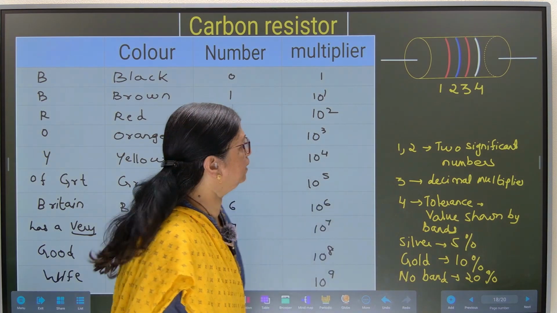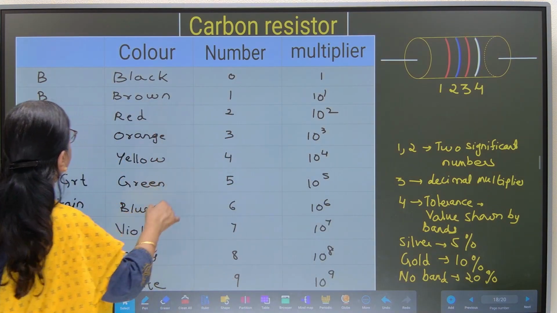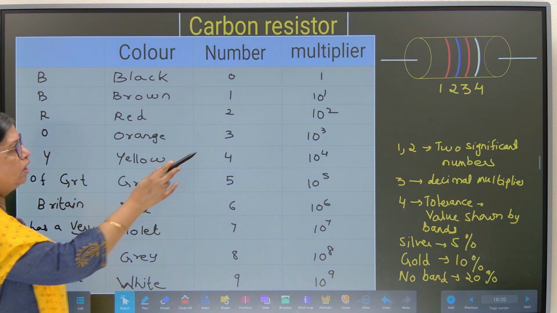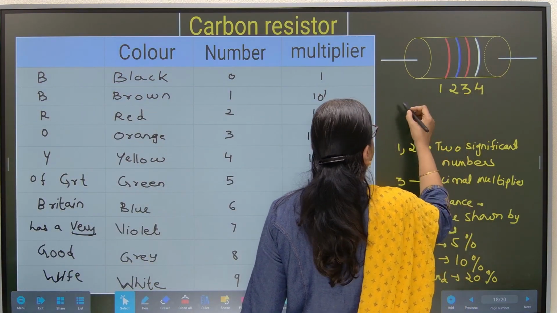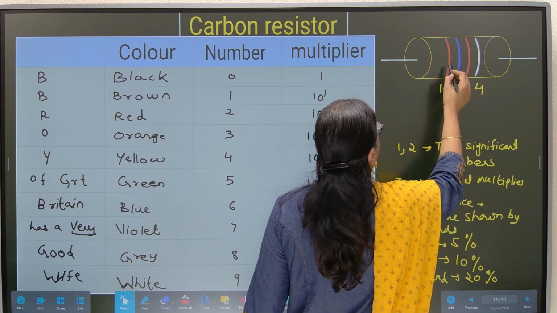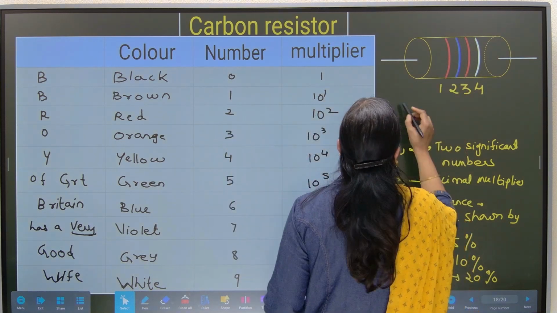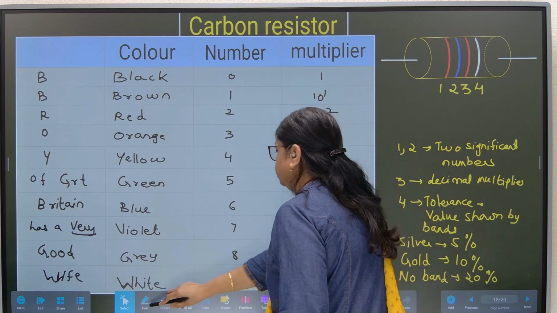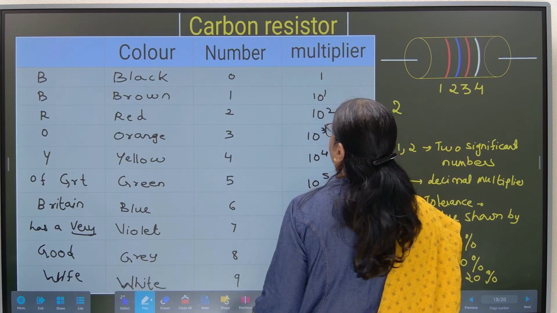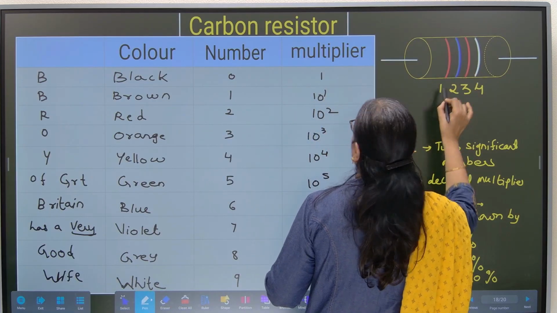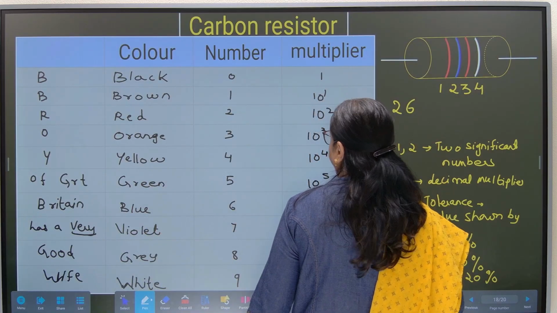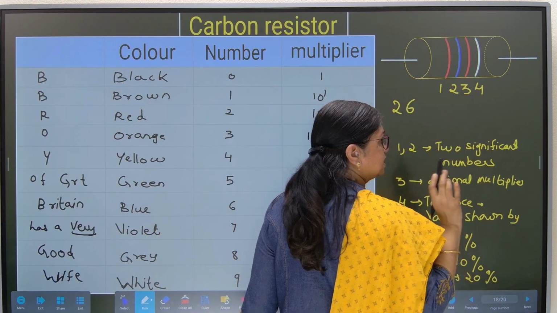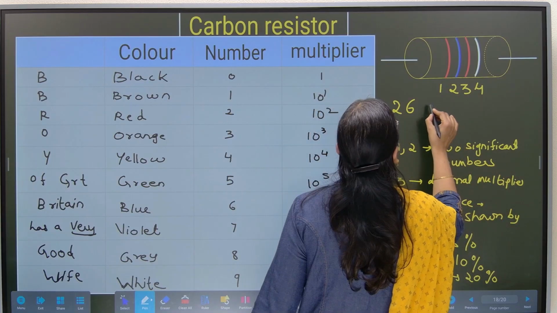So now using this table and the trick shown to you, let us calculate the resistance of this resistor. Red is 2. The second band is blue, 6. The first 2 digits are the significant numbers.